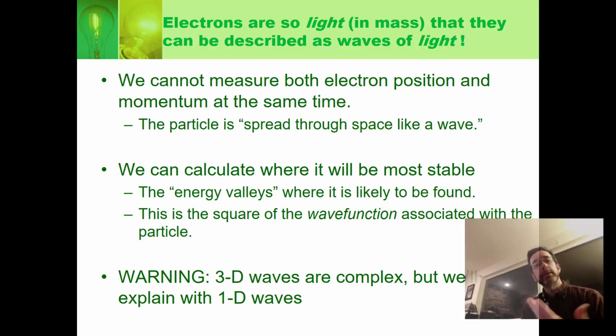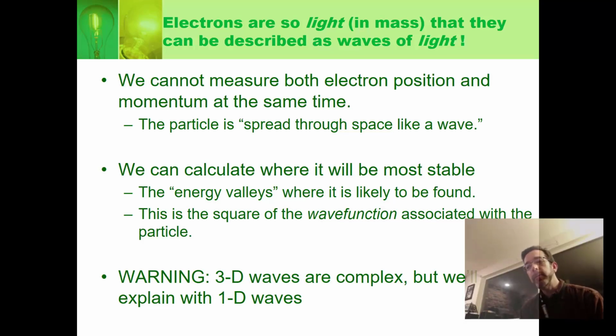So we can do that, and I'm going to show you, the math brings you to that point. Now, the relationship of position of the electron to energy of the electron is actually the square of a mathematical thing called the wave function.